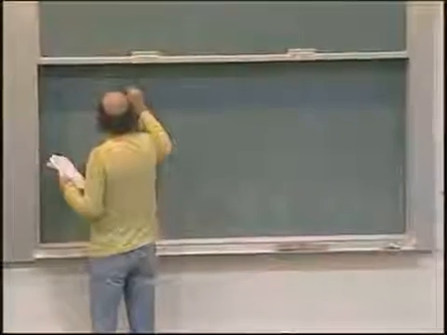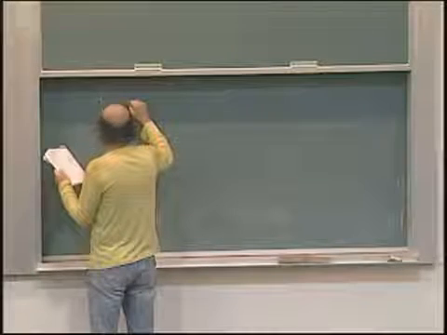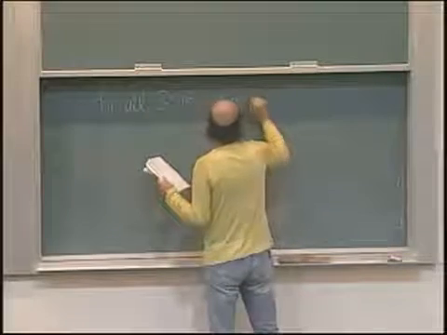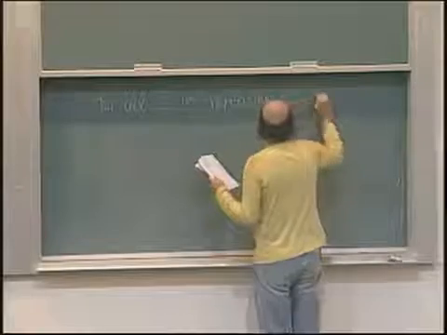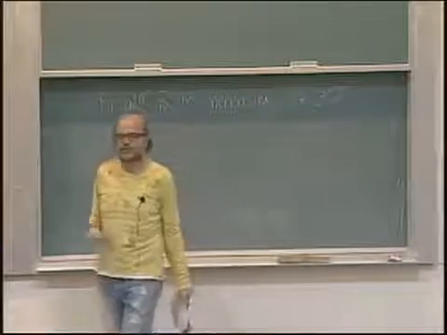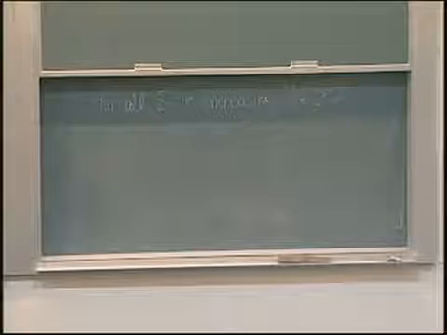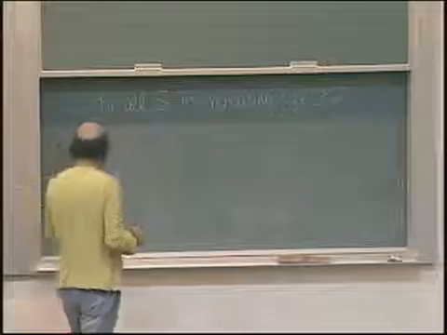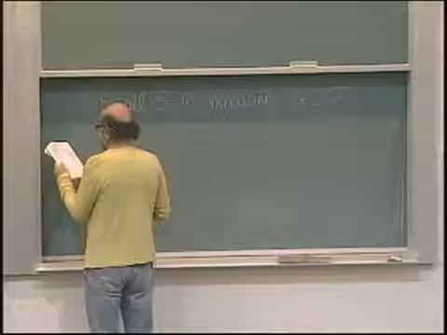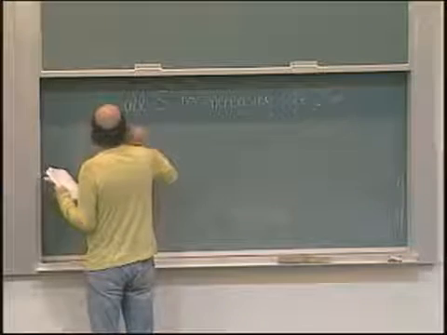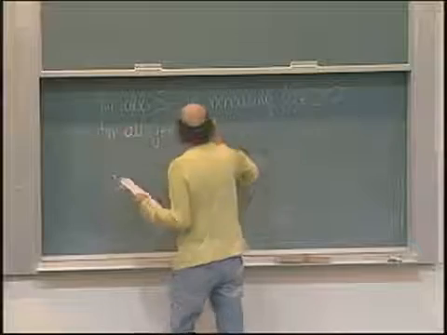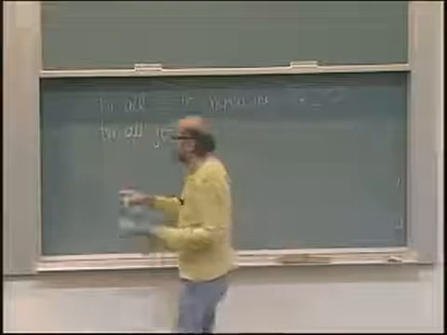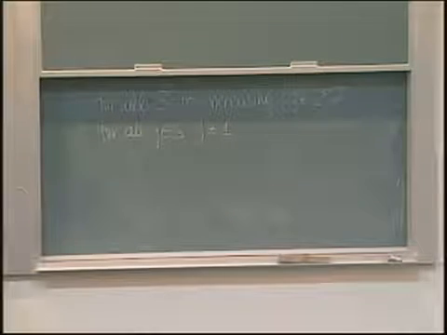For all S in increasing size, so we start with all sets of 2 cities containing 1, then all sets of 3 cities containing 1, then all sets of 4 cities containing 1, and so on. For all j in S, j different from 1, in other words, for all possible endpoints, we do this.